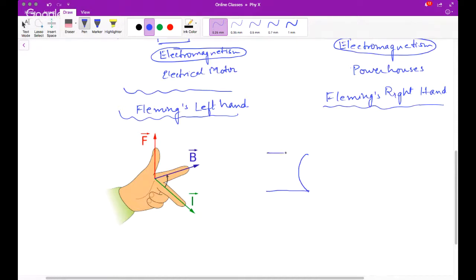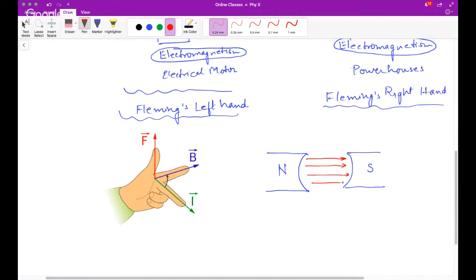How do we create a magnetic field? These are the two poles of a horseshoe magnet. Horseshoe magnet you have seen. This is, let's say, north, and this is south. So hence you now know the magnetic field lines start from north and go towards south.